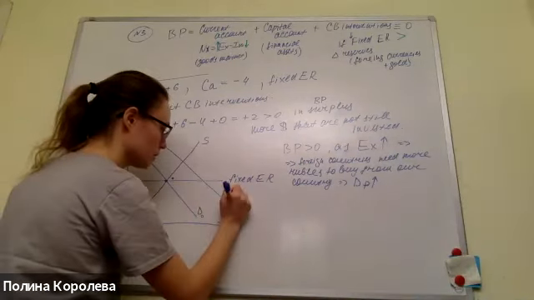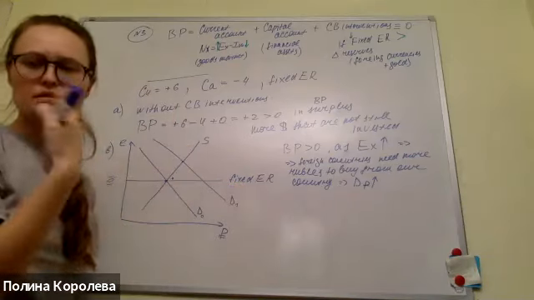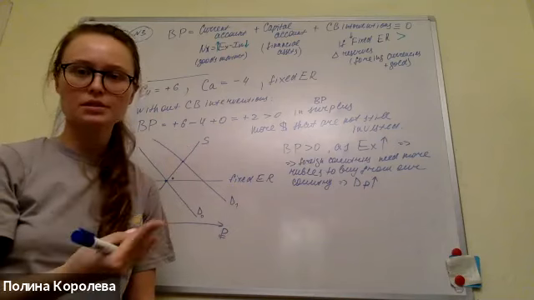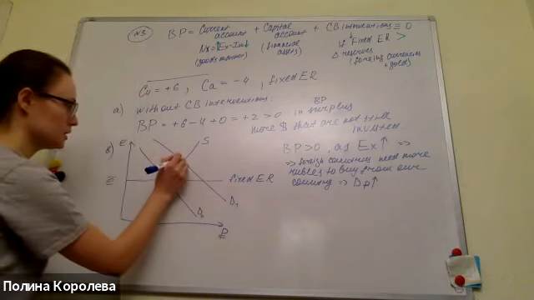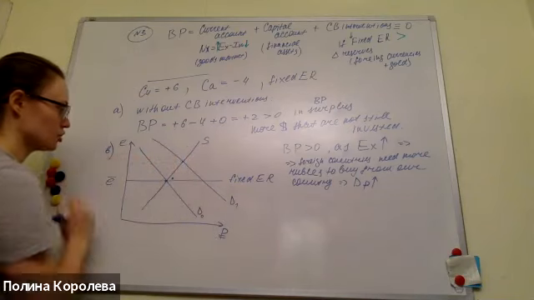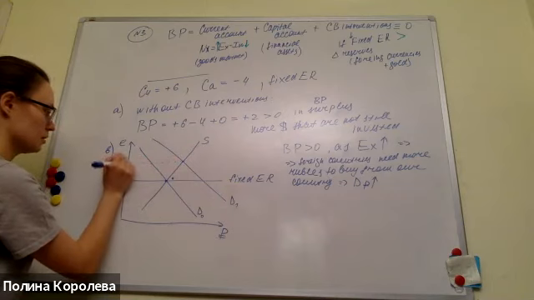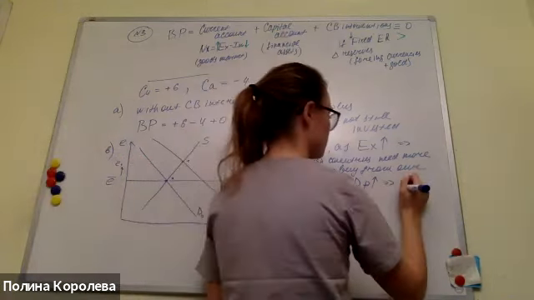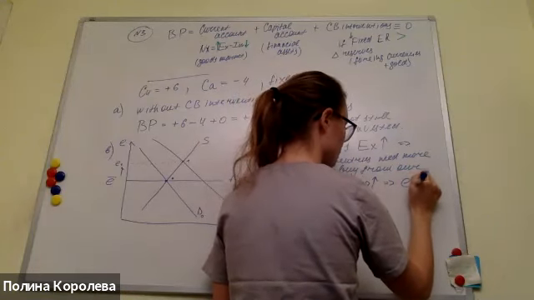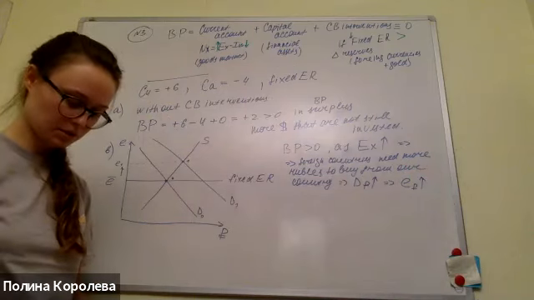This will be D1. If demand for a good increases, the price of the good increases. So here we see the tendency of the exchange rate of the ruble to increase. The price of the ruble, that means the exchange rate of the ruble, has a tendency to increase.